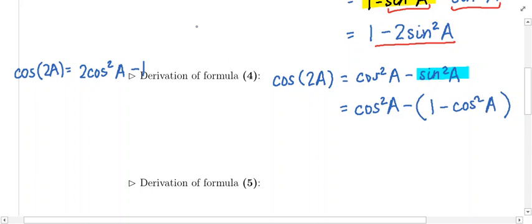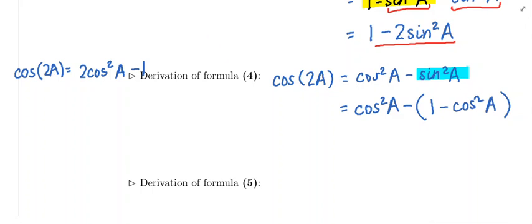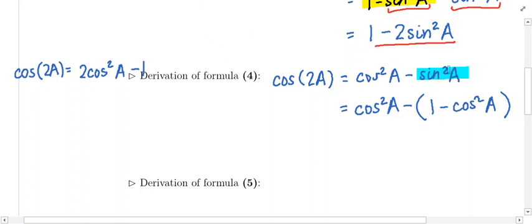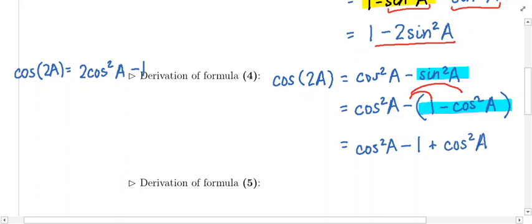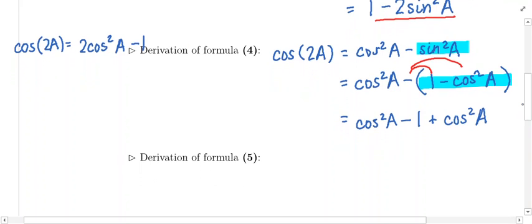And then in my next step, I'll highlight this, the sine squared of a, what's in blue, is equivalent. In my next step, I'm going to distribute the negative sign. So this is going to be cosine squared of a, distribute the negative, we're going to get minus 1, and then negative times negative will turn this into plus cosine squared of a. And then we can combine like terms. These two guys match.